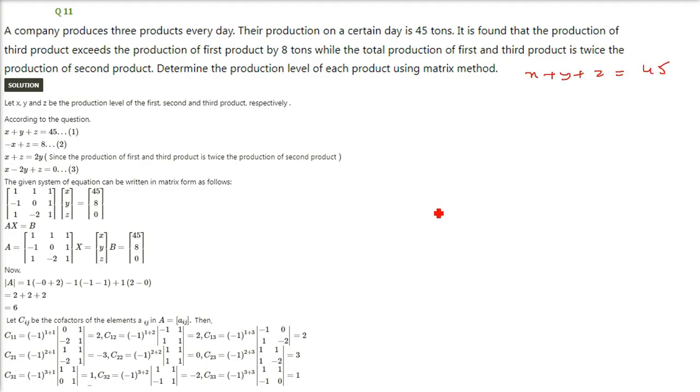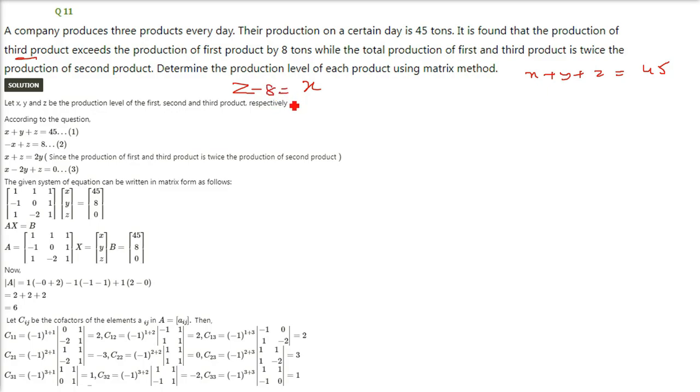The second equation will be, see, it is found that the production of the third product exceeds the production of the first product by 8 tons. So whenever there is an exceeding, you can just subtract it from the first or add it to the second one. The third one is Z, the first one is X, and since the third product exceeds the production of the first product by 8 tons, what are you going to do?